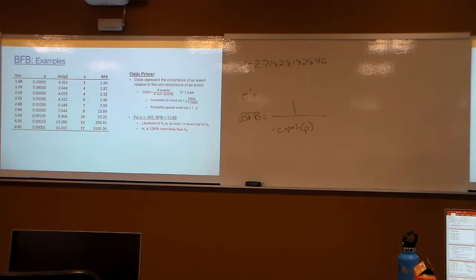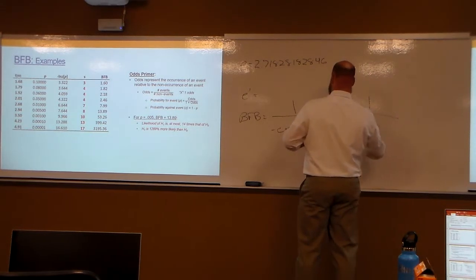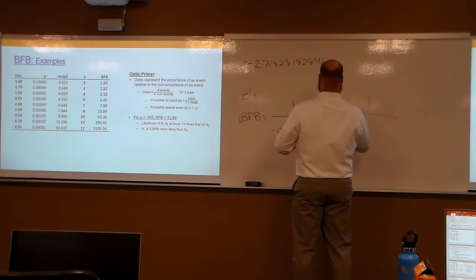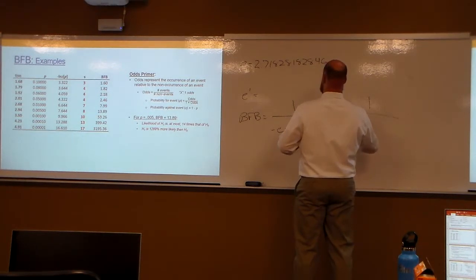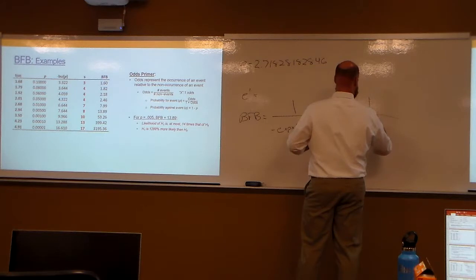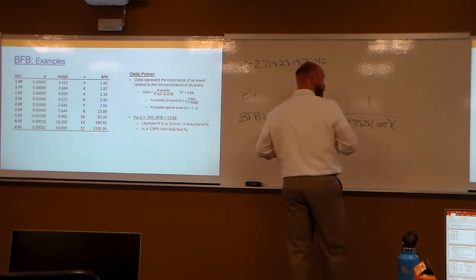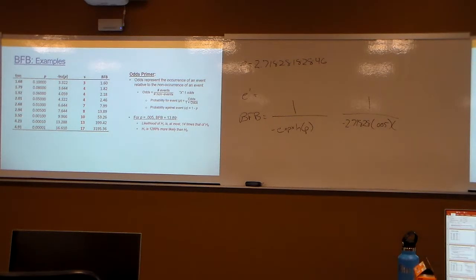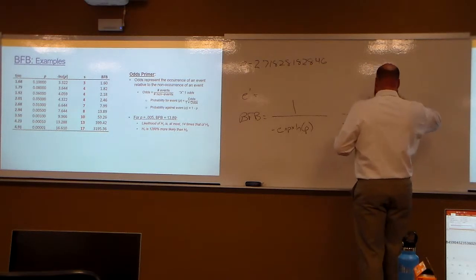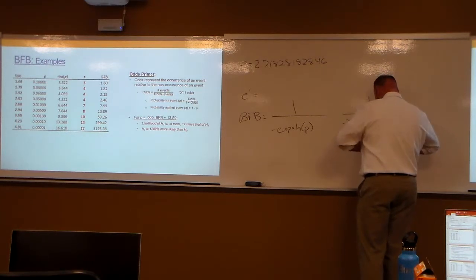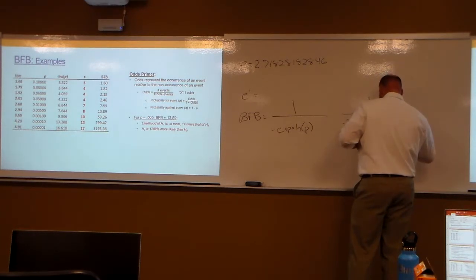Right? So if we take 1 over negative 2.718 to 8 times 0.005 times the natural log of 0.005, negative 5.098317.